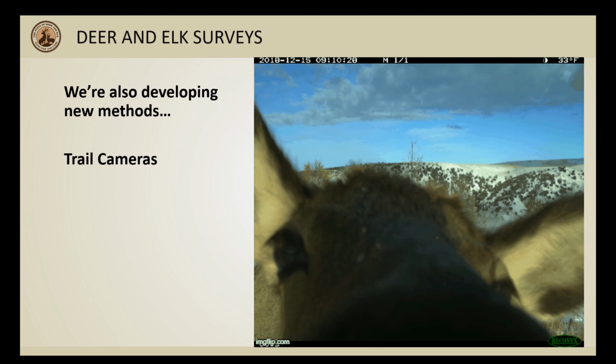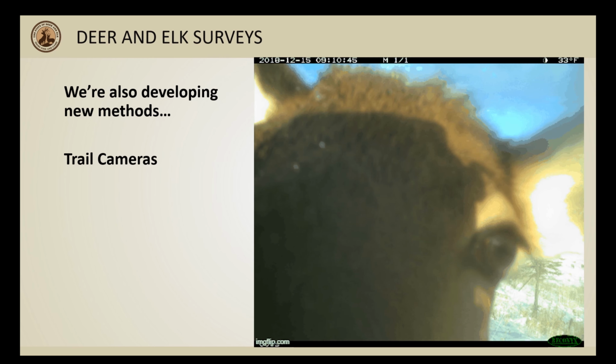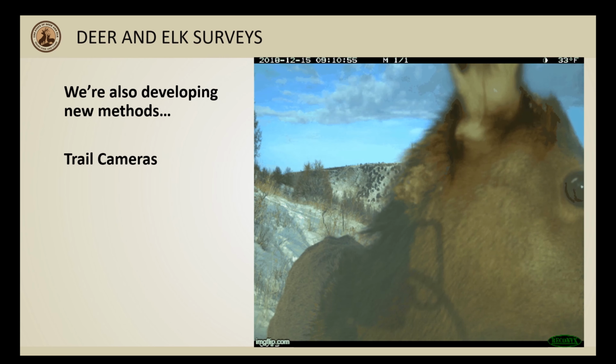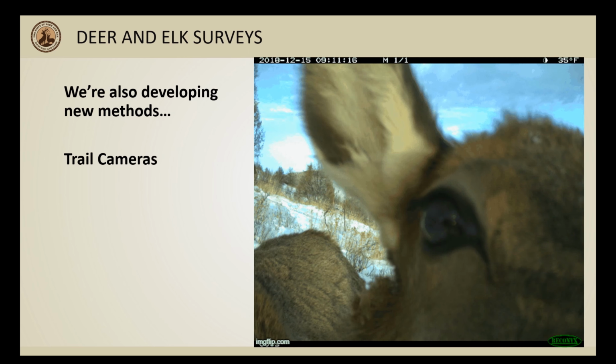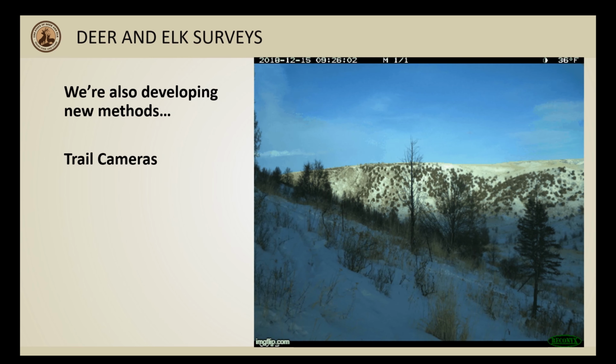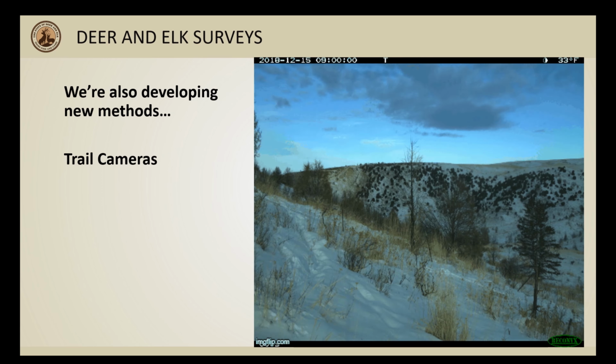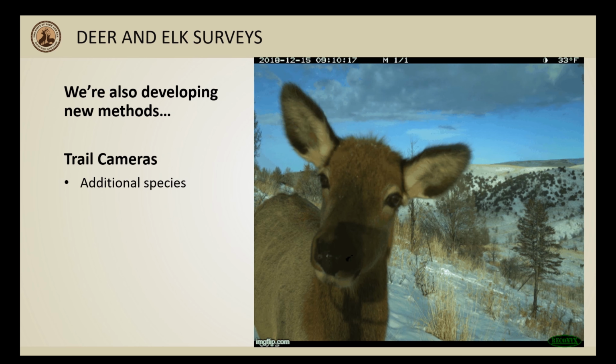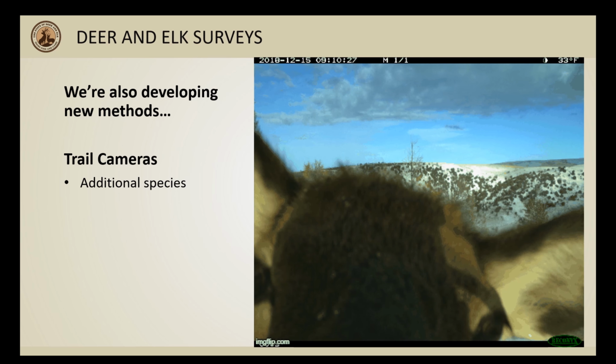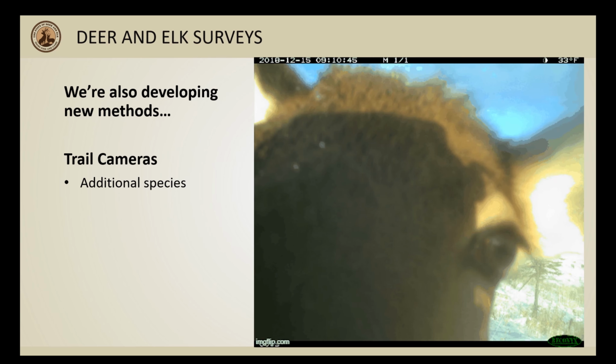Although we continue to extensively use aerial surveys, we're also researching a new method to estimate abundance and composition with grids of trail cameras. The results of our research to date are promising, and this method could provide some advantages for future monitoring. Camera-based surveys can provide estimates for additional species that are difficult to survey with a helicopter, like white-tailed deer.